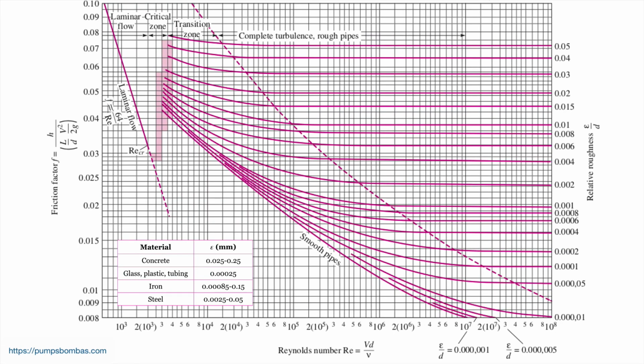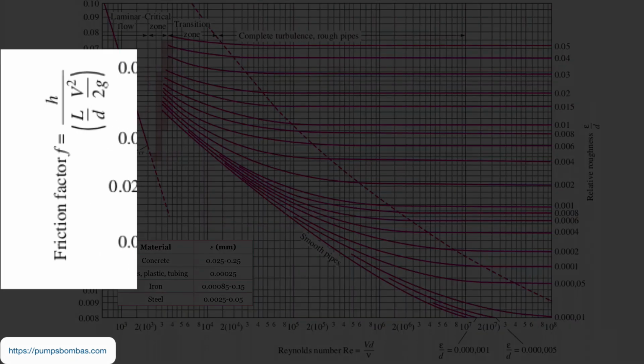This is the Moody chart. Let's analyze what we have in the chart axes. In the left vertical axis, we have the friction factor f.